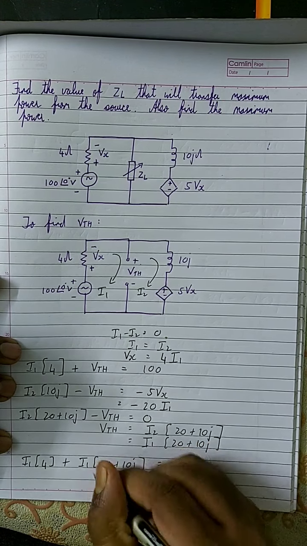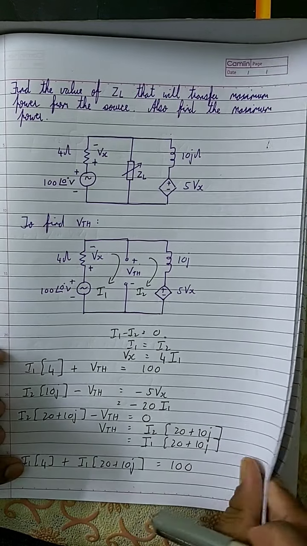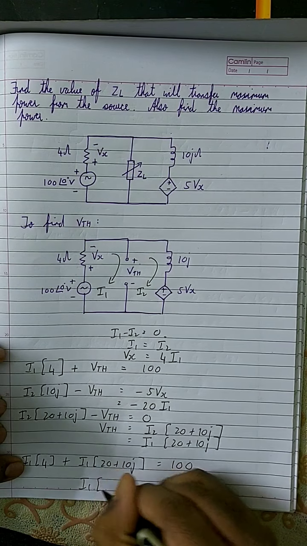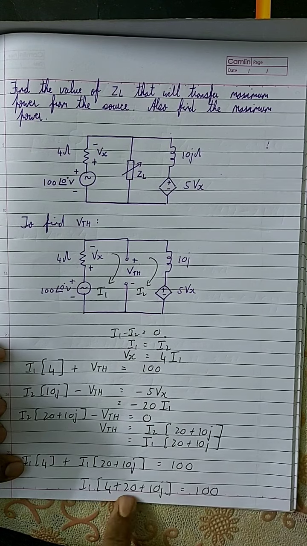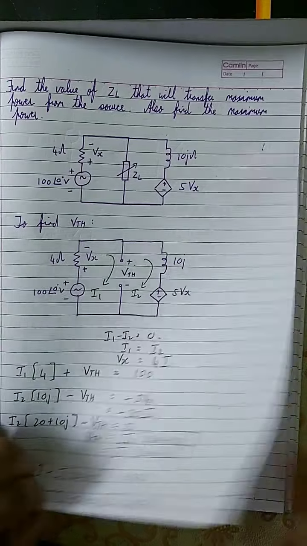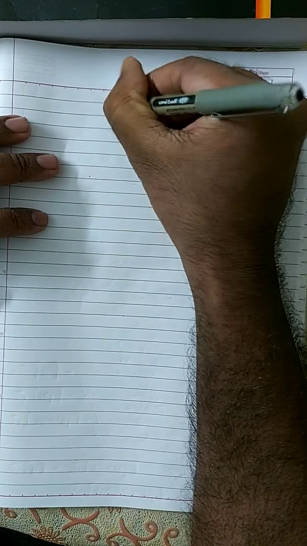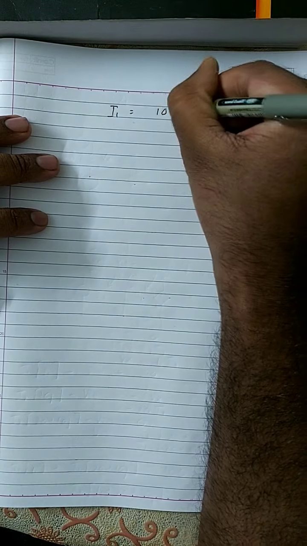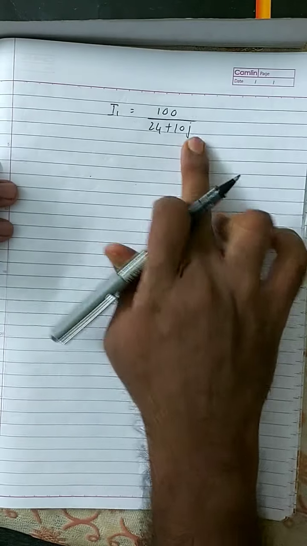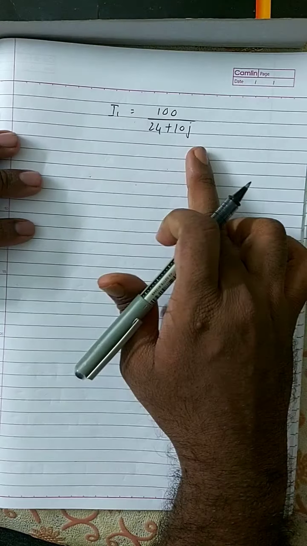Or in other words, I1 into 4 plus 20 plus 10J is equal to 100, right? Or in other words, I1 is equal to 100 by 24 plus 10J. This is the equation for I1.